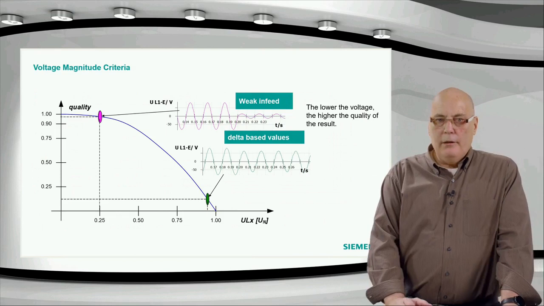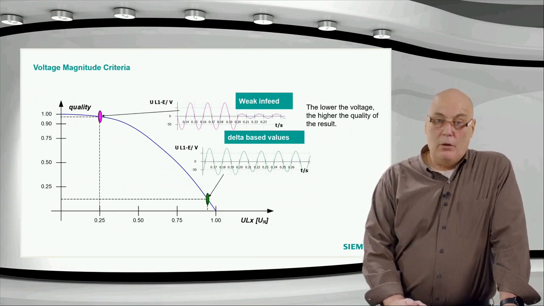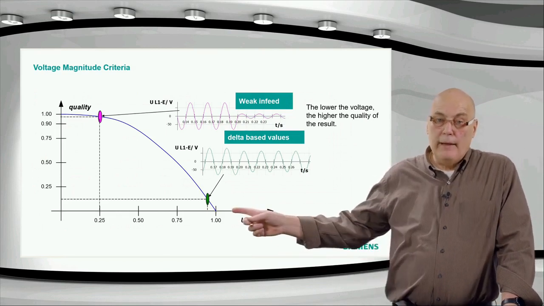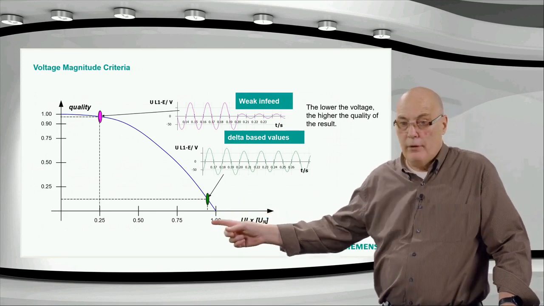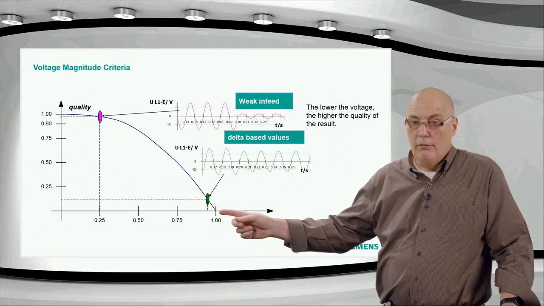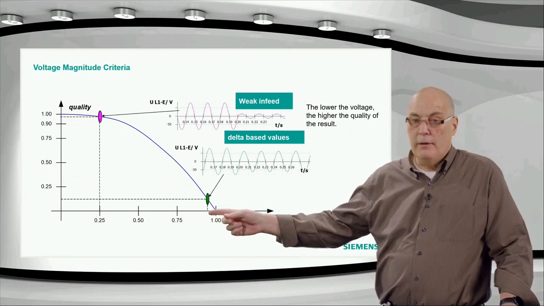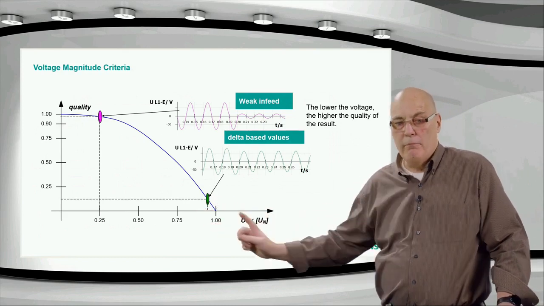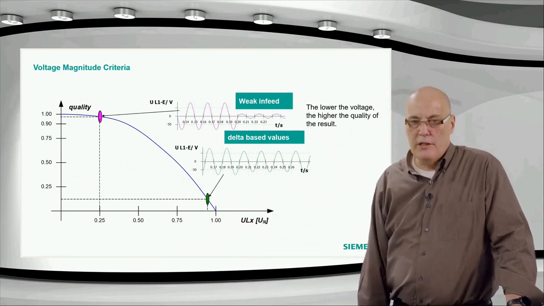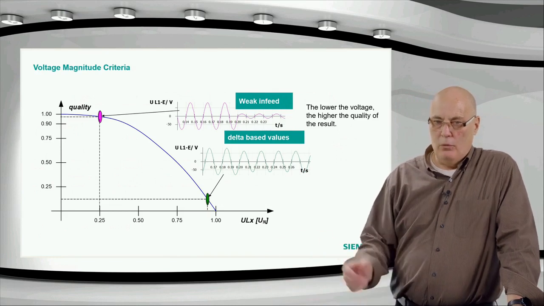Here's one criteria, a voltage magnitude criteria, as an example. Obviously, if the voltage magnitude is not decaying, remember this would be rated voltage 1, and the voltage during the fault only drops a little bit, then you would say, okay, it could be a fault, but with very small uncertainty, only a very small quality, 0.1 or less.